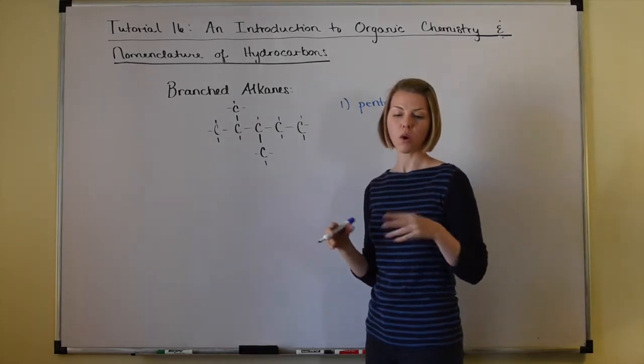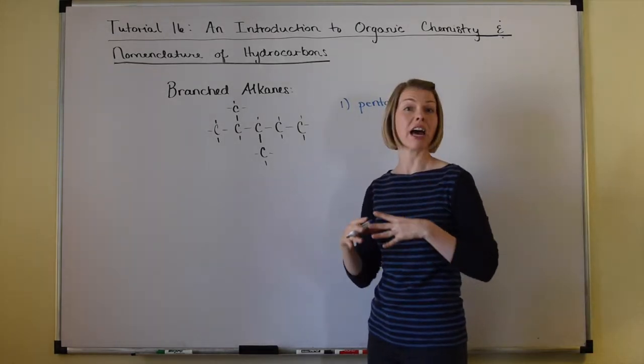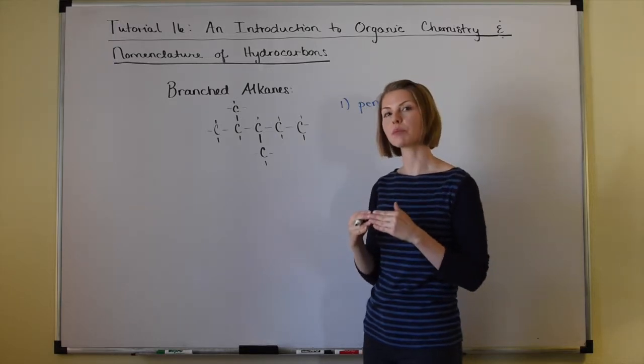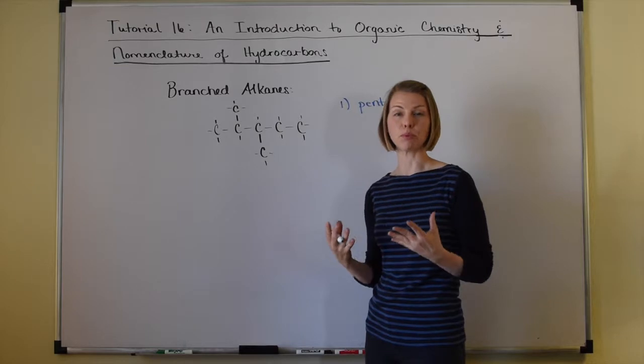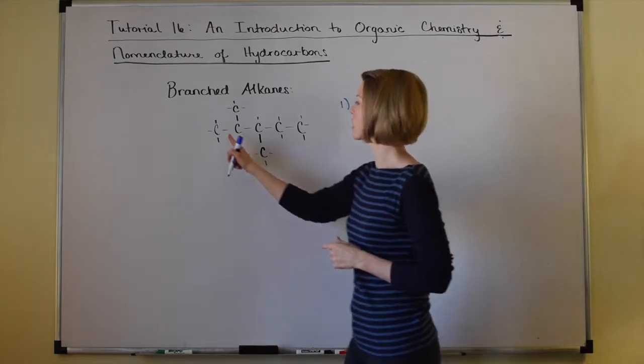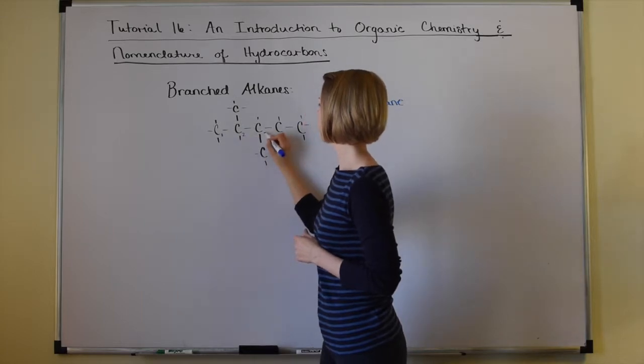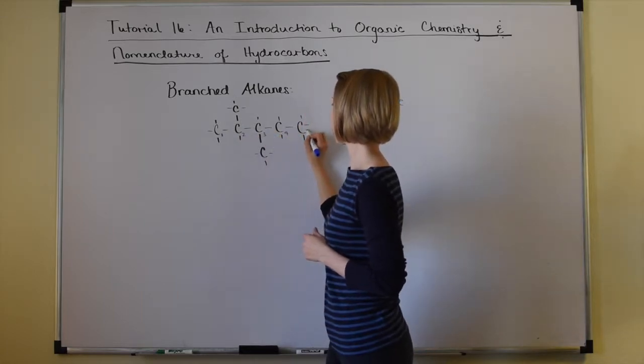Step number 2, we're going to number that chain, that main chain or that parent chain, so as to give the lowest possible number priority to any branched groups. So if we number it this way, I'll number it a few different ways. 1, 2, 3, 4, 5.